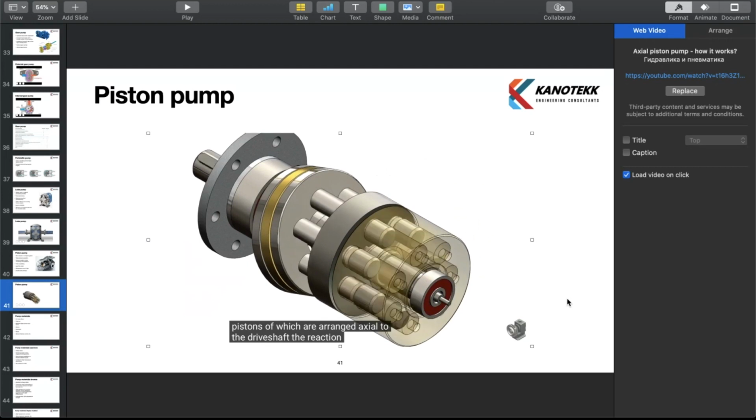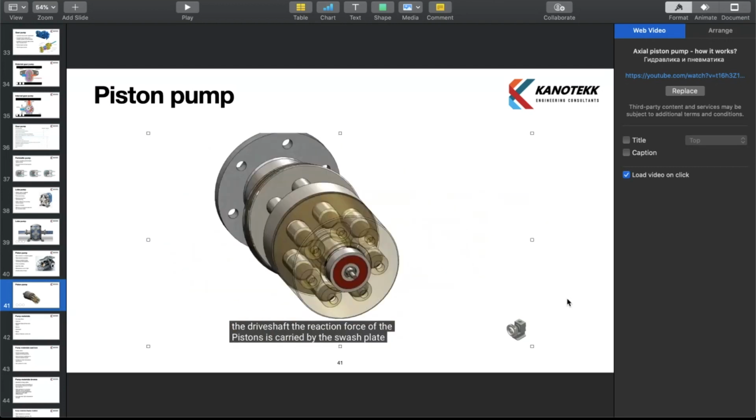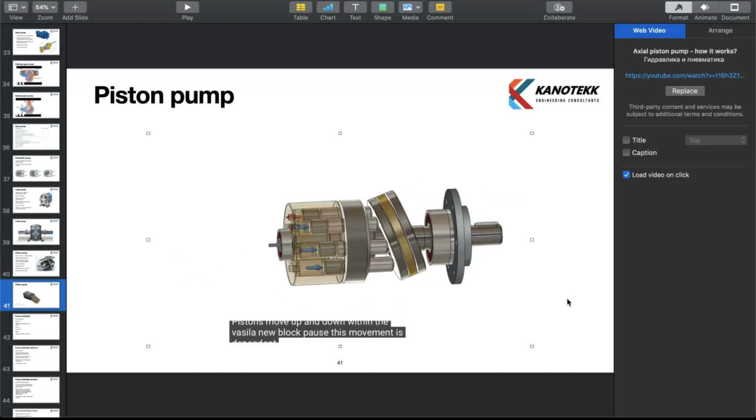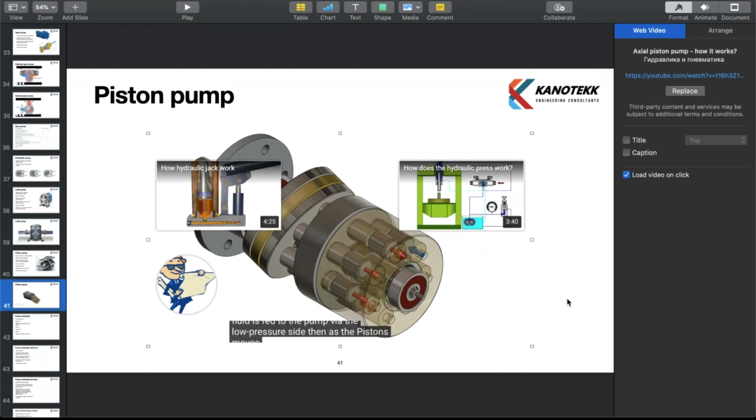The reaction force of the pistons is carried by the swashplate. As the drive shaft rotates, the cylinder block is driven by means of a spline. The pistons move up and down within the cylinder block bores. This movement is dependent on the angle of the swashplate. Fluid is fed to the pump via the low pressure side, then as the pistons move, delivered into the high pressure line.